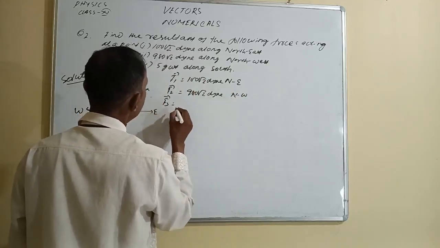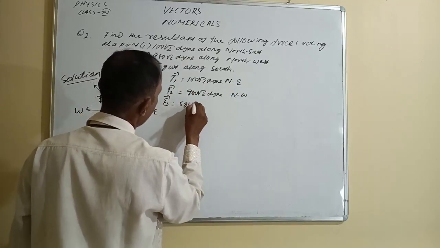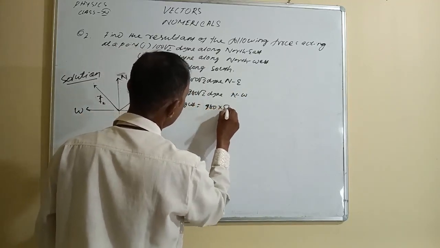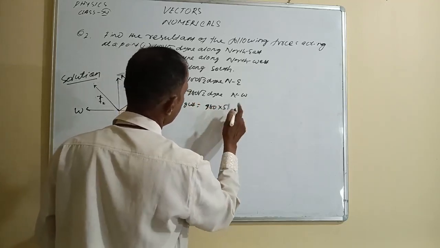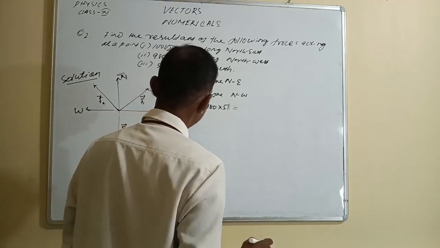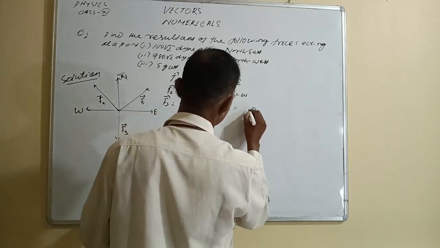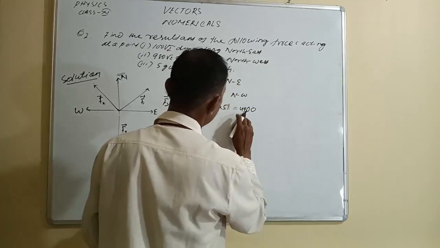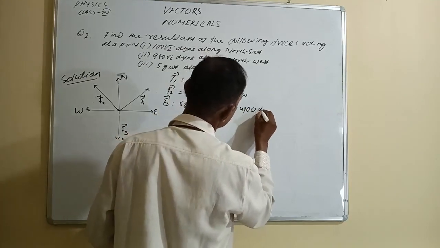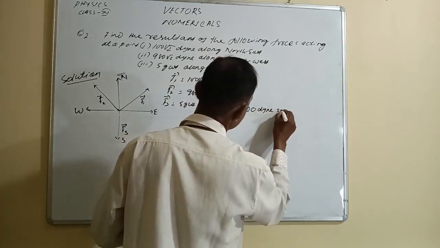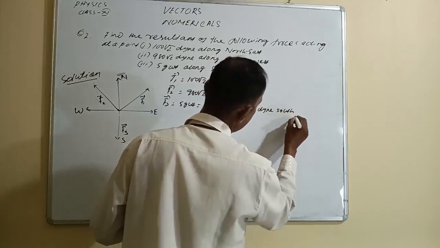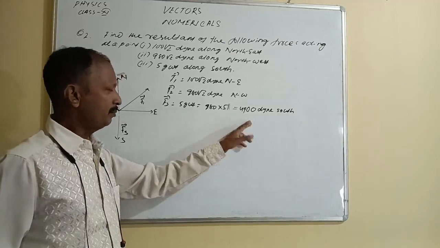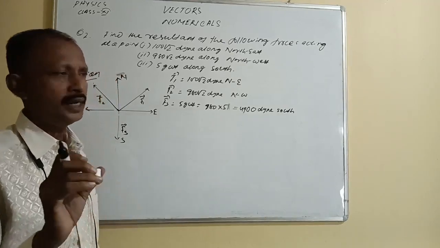F3 is equal to 5 gram weight, that is equal to 980 into 5, which is equal to 4900 dyne. This is along south. I converted the gram into dyne by multiplying with 980.